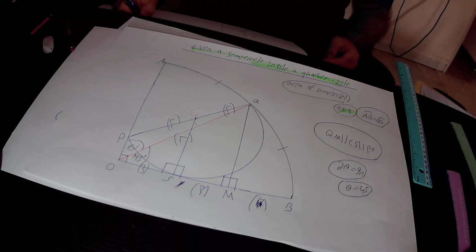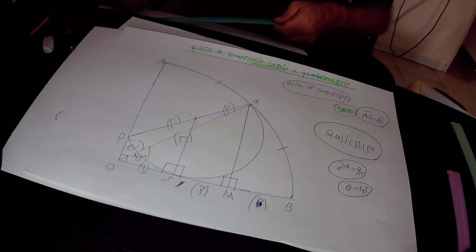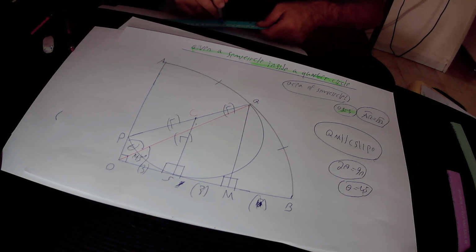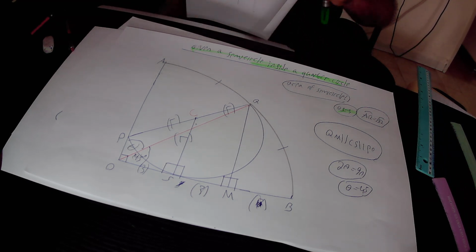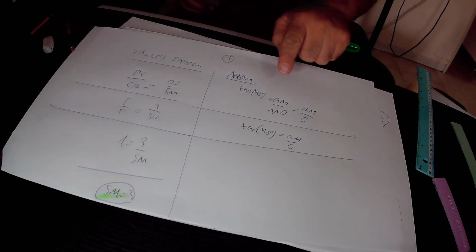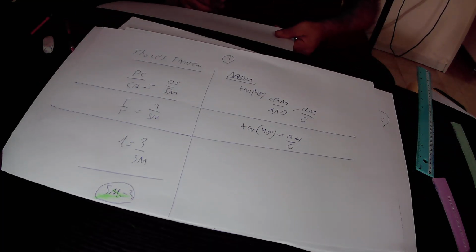So if you follow the tangent, 45 degrees equals QM over 6. And again, in total, we found out that tangent 45 degrees equals QM over 6.